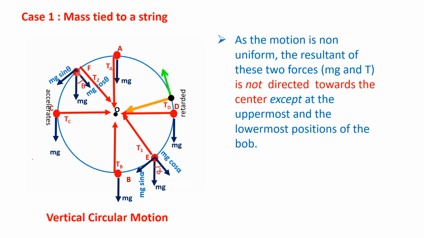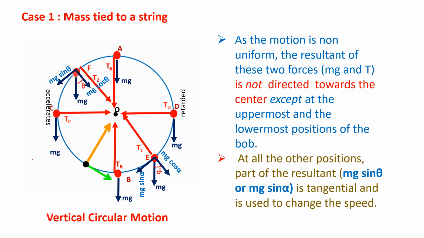Suppose I have taken any arbitrary position at point F. Here also we resolve the mg component into two perpendicular axes. One is mg cos theta, which is along the tension force T2, and second one is mg sin theta, which is tangential to this vertical circular motion.